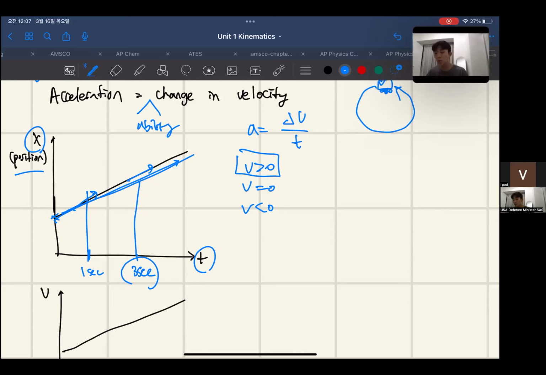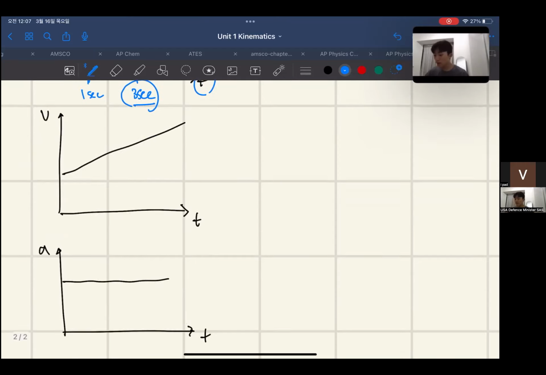So if velocity increases, then the object's ability to change its position at 3 seconds should be greater. Thus, the slope at t equals 3 should be steeper. However, it's not. The slope is the same when t equals 1 and t equals 3, which tells us that the velocity is constant.